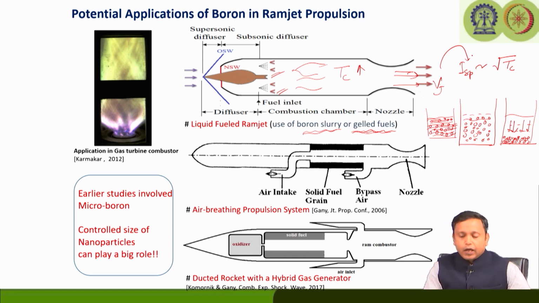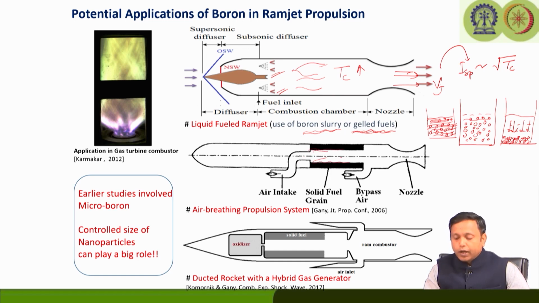The other way can be thought of as using an air-breathing propulsion system, where we are adding boron particles directly into the solid fuel grain. We are using the air as the oxidizer, taking the air in through the air intake and ram compression, and that is going to supply the oxidizer for this fuel.